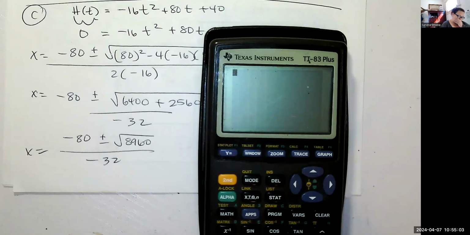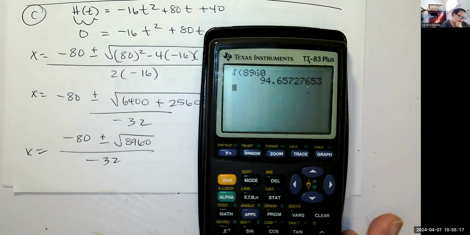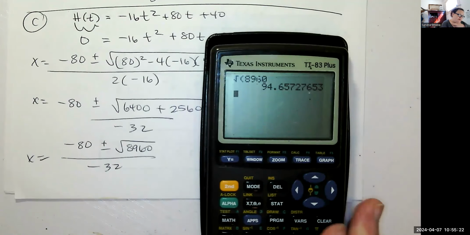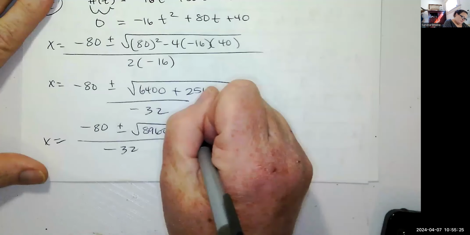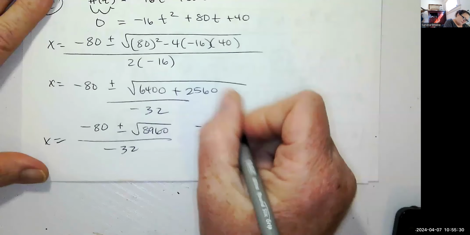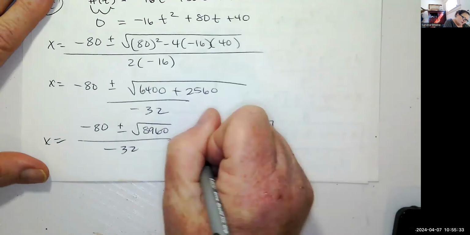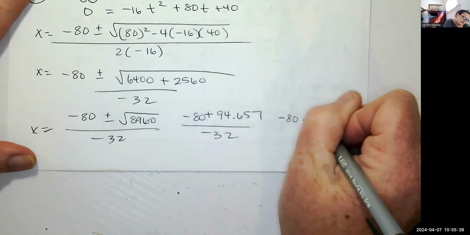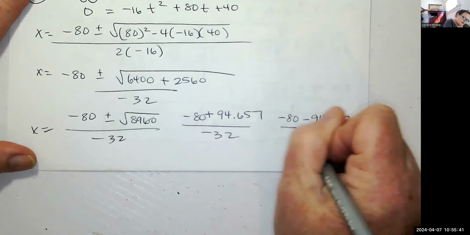Do I want to factor this? I don't think I need to. I almost want to leave that as 94.657. Let's do this. Negative 80 plus 94.657 over negative 32, and then negative 80 minus 94.657 over negative 32.